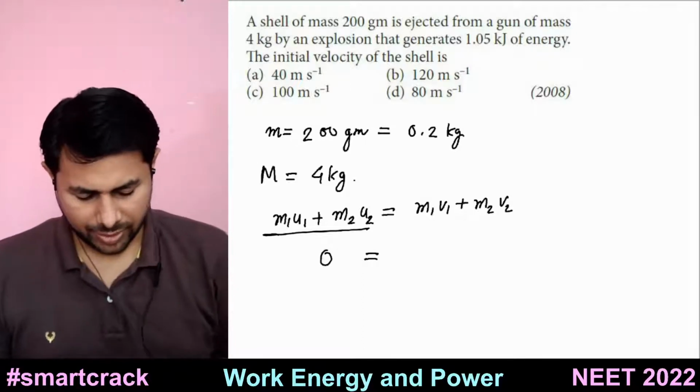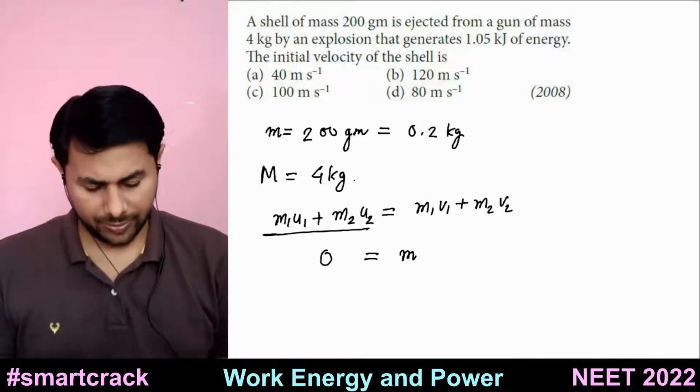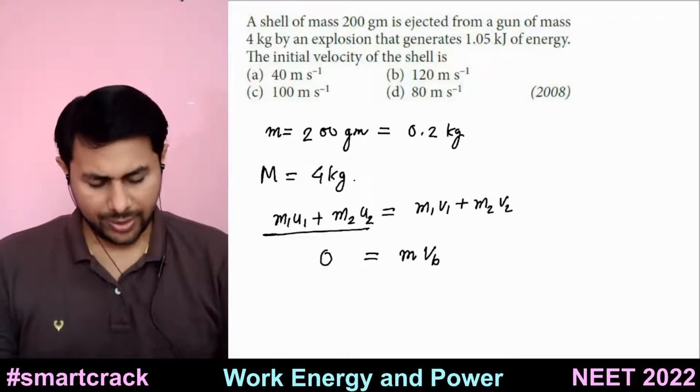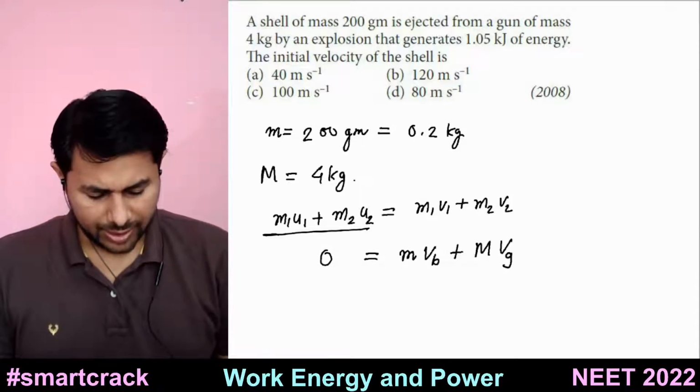So m1 is equal to small m, v1 is the velocity of the bullet, plus m2 is capital M, and v2 is the velocity of the gun.